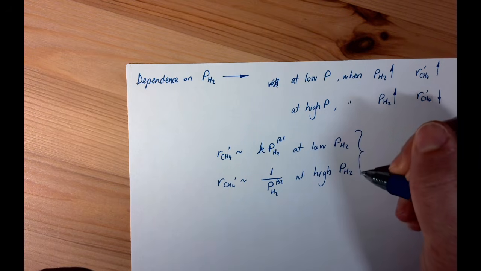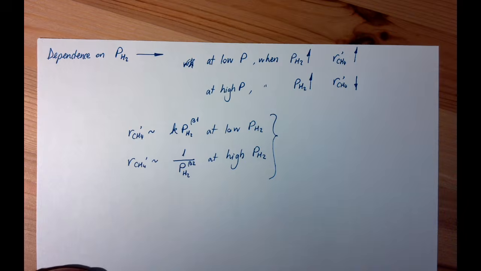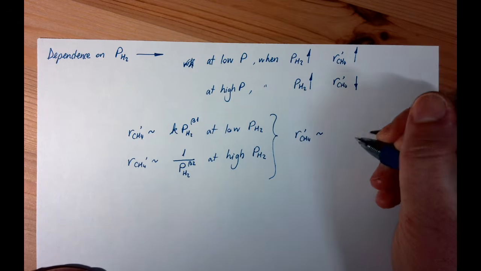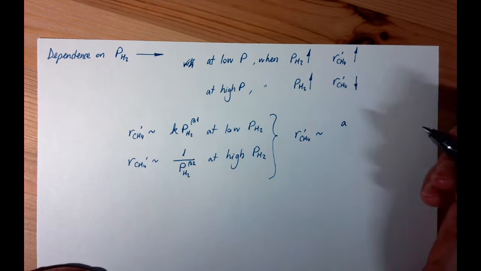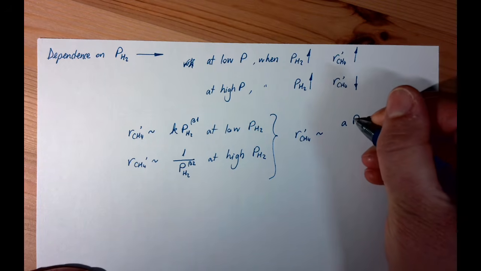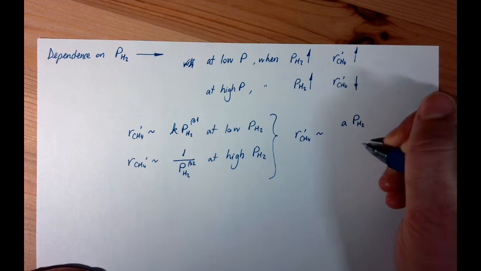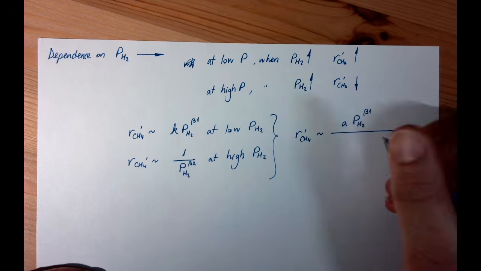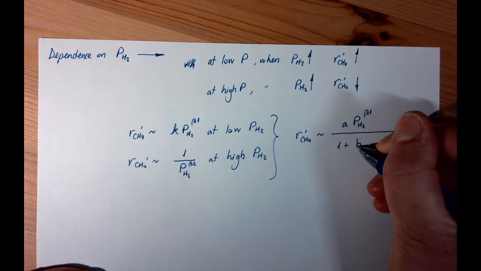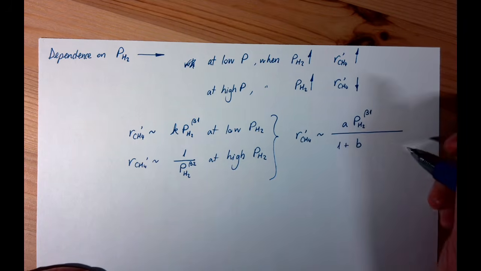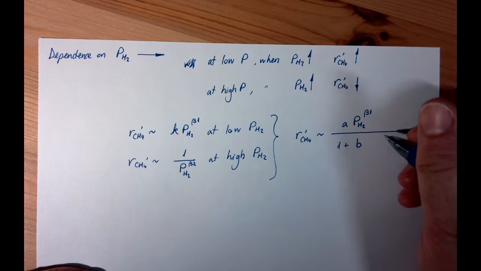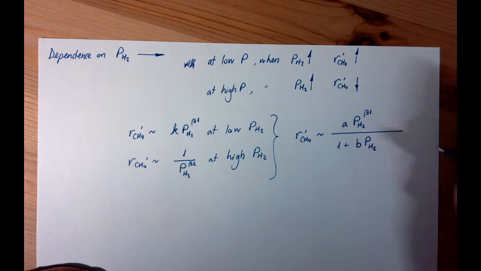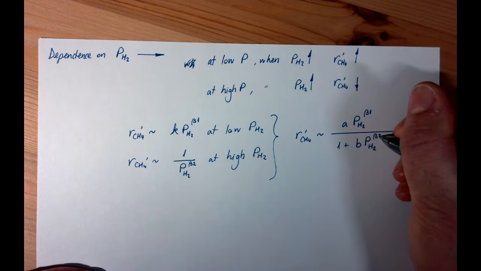And putting all of this together, RCH4 prime would be approximately a number times P of hydrogen to the power of beta 1 divided by 1 plus a number, we don't know what that is, the proportionality factor, but it's a number, times the partial pressure of hydrogen to the power of beta 2.